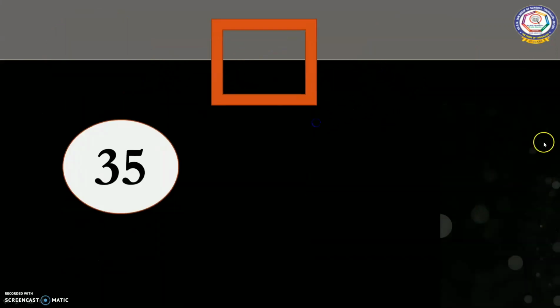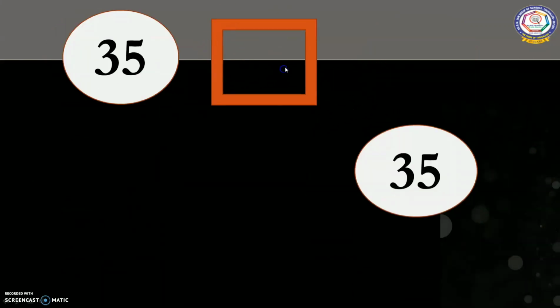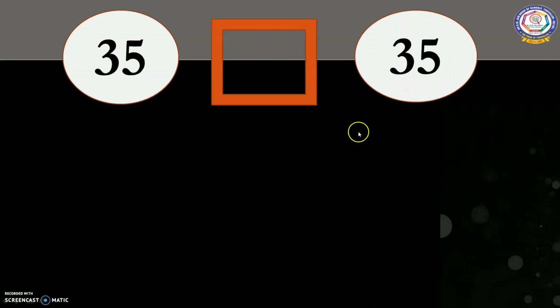Next sum, 35 box 35. This side we have 35 and the same number this side also, 35. So 35 is equal to 35.